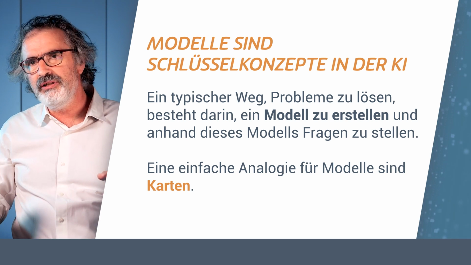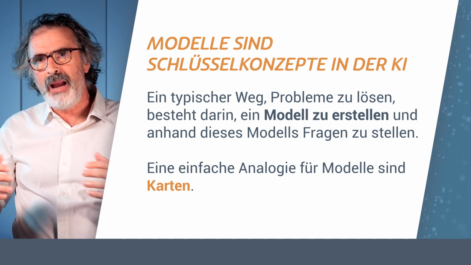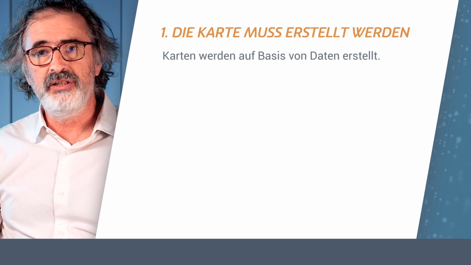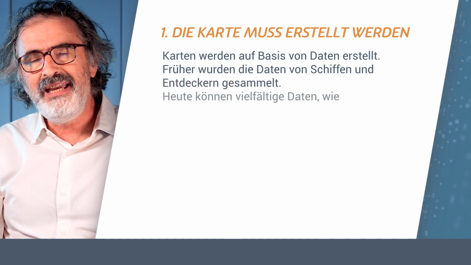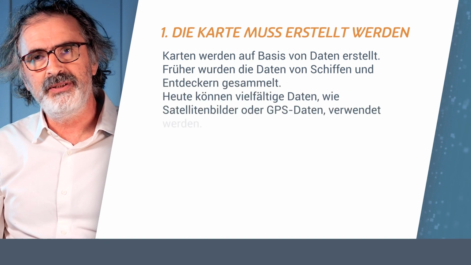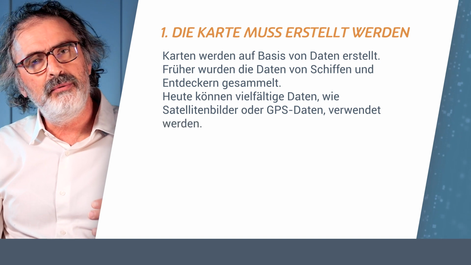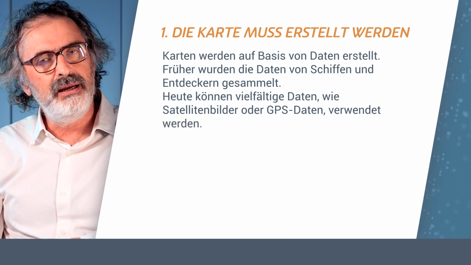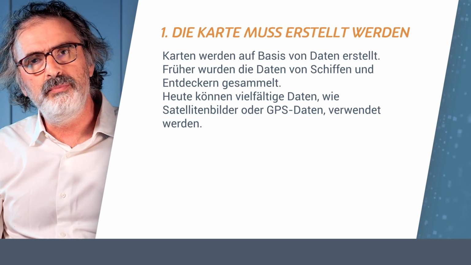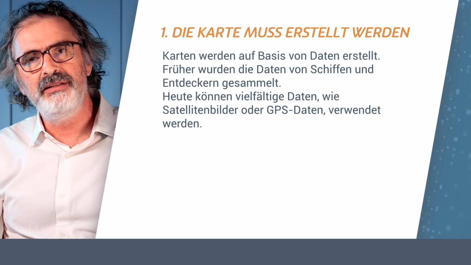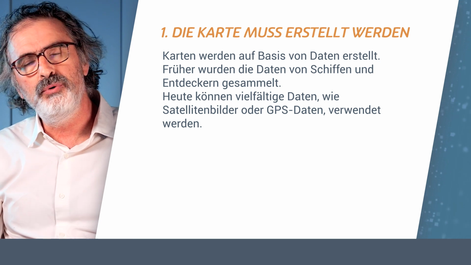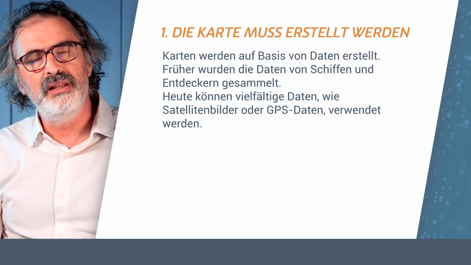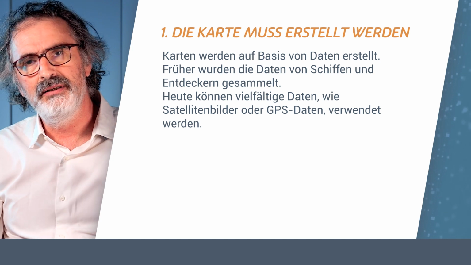A simple analogy for models is maps. When we consider maps, the first question is, where do they come from? Historically, there has been a huge history of building maps. First, because there were explorers going all over the world to bring back maps and build better and better maps. And then little by little, the maps were being built through images by balloons and then images through satellites.